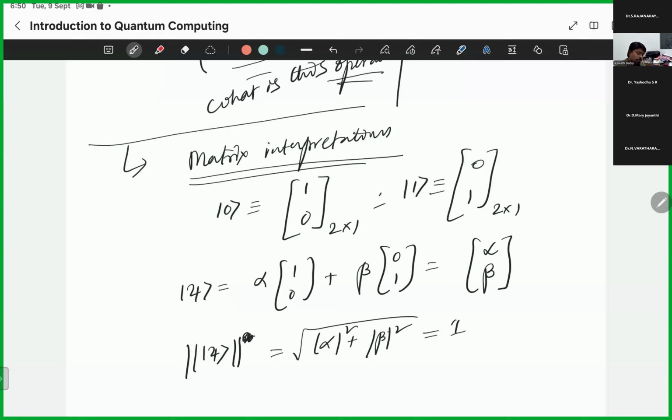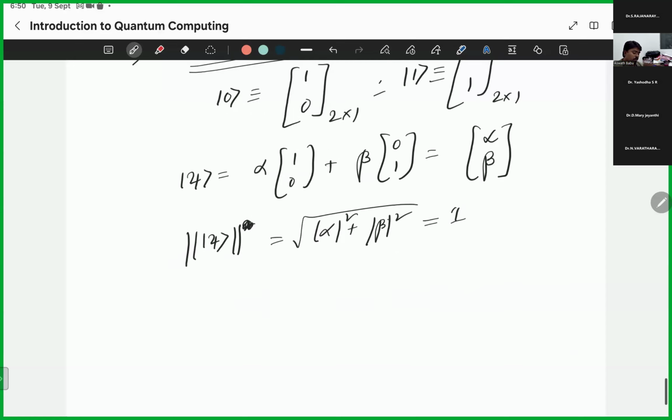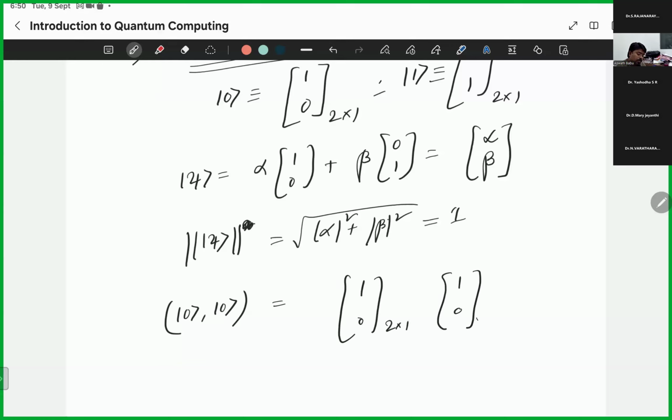The norm is 1. Now I have brought in the matrix notation. Now, how do I have multiplication? Both of them are of the same dimension, and I can't have multiplication between two dimensions which are not suitable for matrix multiplication.